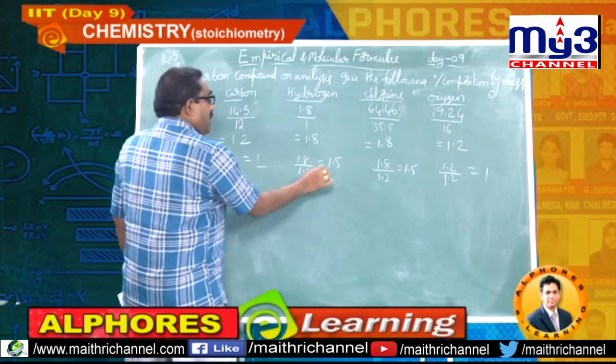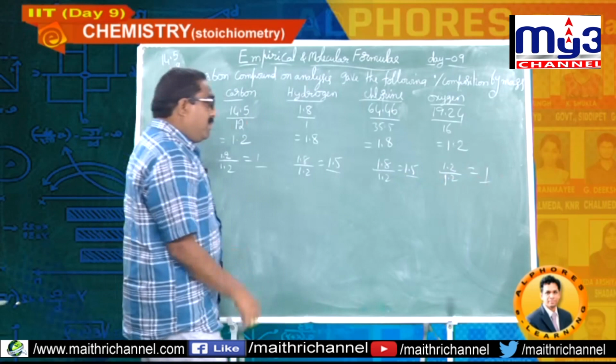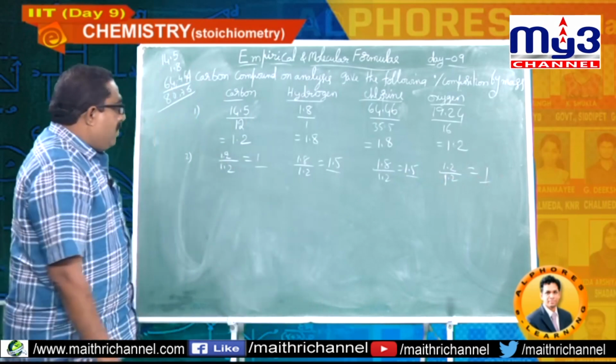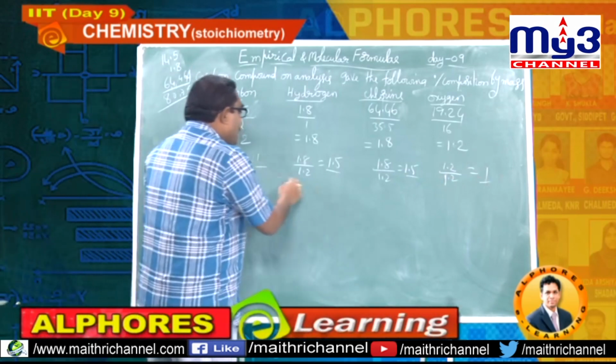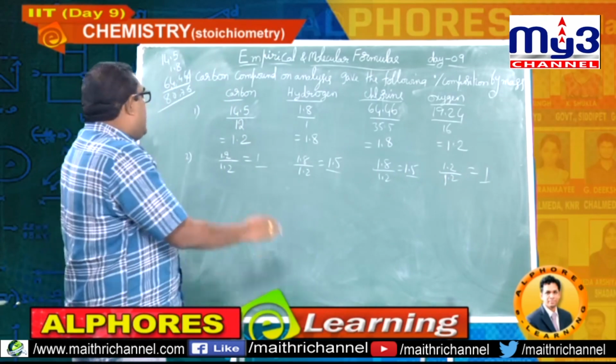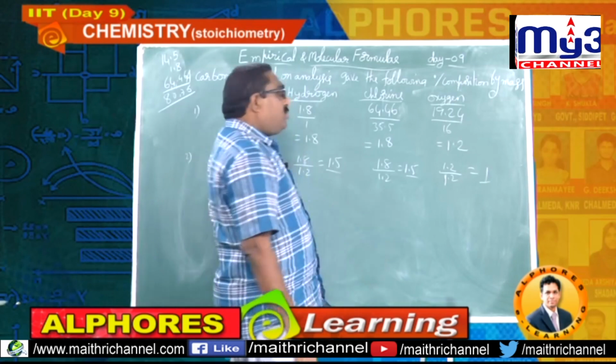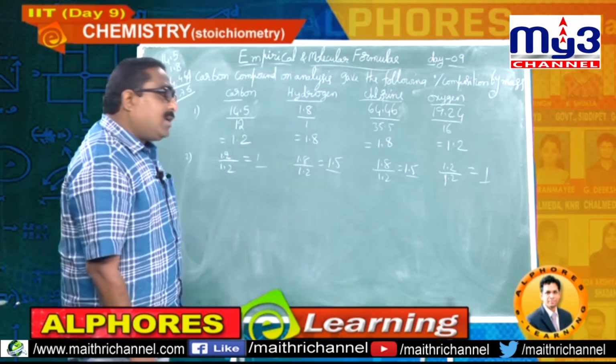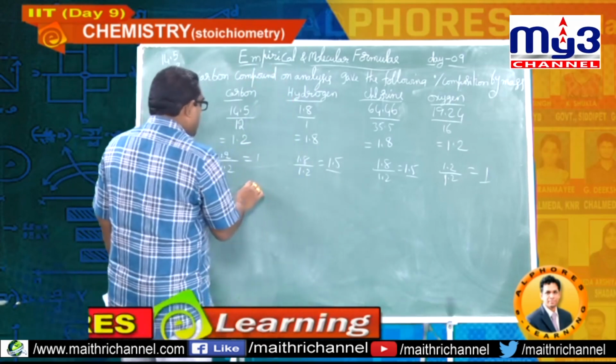Now, you got a fraction 1.5, but this step especially we are doing to get a simple whole number ratio. Then you should multiply with the suitable integer to get whole numbers.